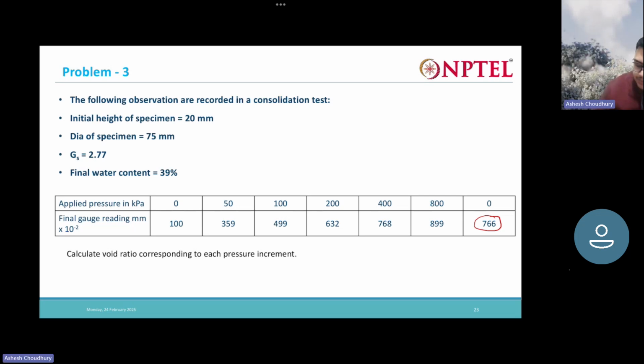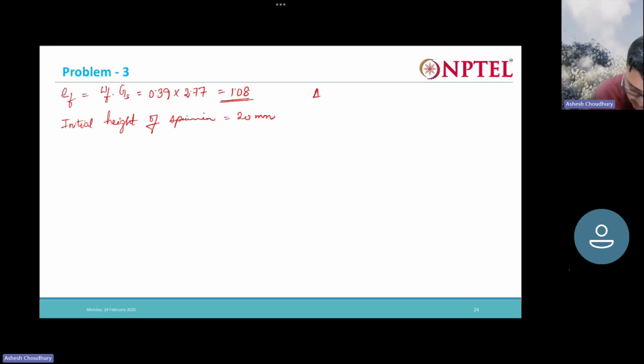And initially at zero loading, at the start of the test, we had the gauge reading of 100. The total change in height that the soil has undergone is 766 minus 100, into 20 minus 2, into 6.66 mm. So this much change in height the soil has undergone, from the initial height at the start of the sample to the end of the sample. That is the difference in height we have got.